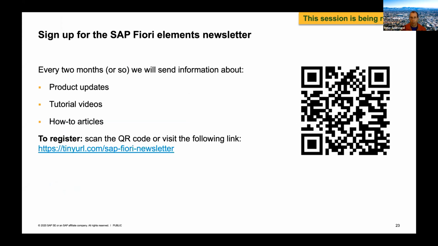It's more of a development newsletter. We've got content on Fiori Elements, things on SAP UI5, and articles on the Business Application Studio. If you're interested, just type in tinyurl.com/SAP-Fiori-newsletter. The next issue is slated to come out sometime in May.